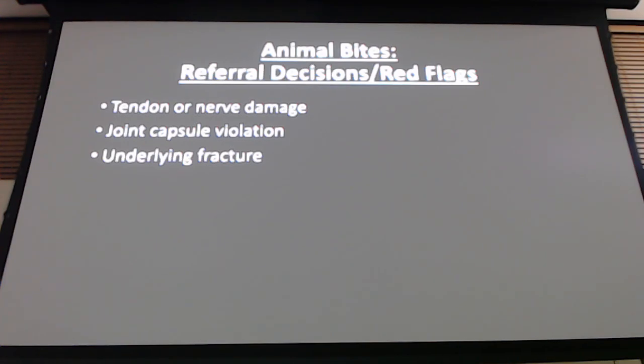Okay, because if it violates the capsule, right, and that bacteria gets down in there, what's that called? Septic arthritis. We talked about that, right? So now you've got a whole other condition. Is septic arthritis a surgical concern? Yes. Absolutely. And if there's an underlying fracture, okay? And we'll add here to that foreign body. If you see the dog's tooth and you can match it to the gum line, you need to call me. Okay? All right?